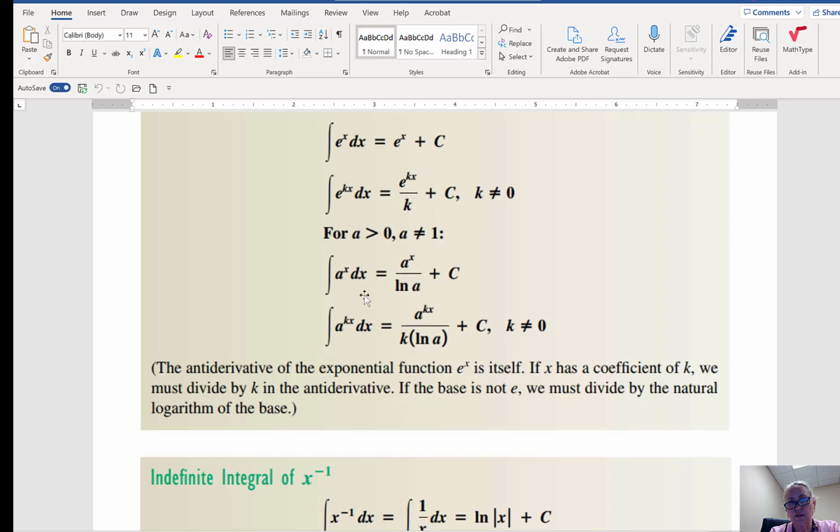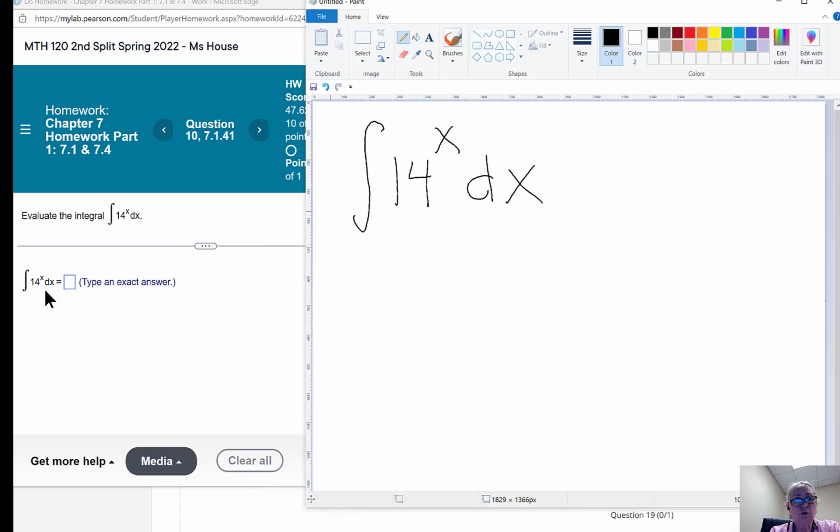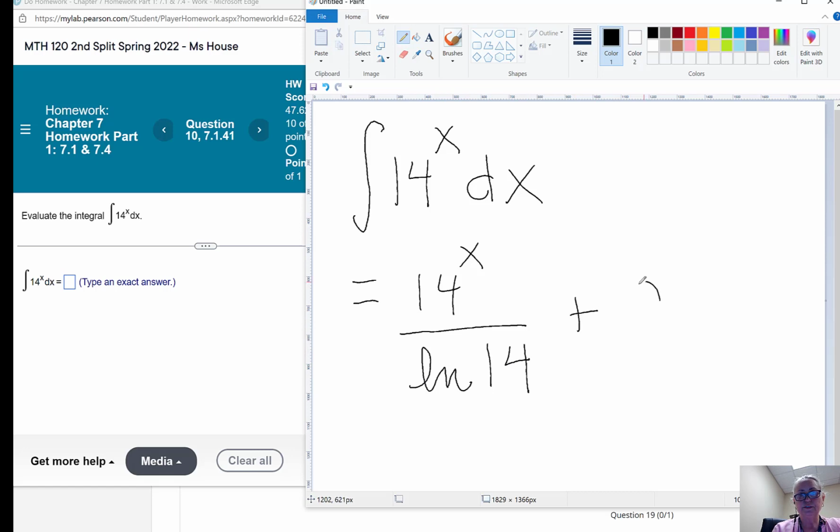this is for any base other than e and 1, then we have to take that base divided by the natural log of a plus c. Okay, now this is a positive 14, so we don't have to say absolute value when we do our log. It's 14 to the x divided by the natural log of 14 plus c.